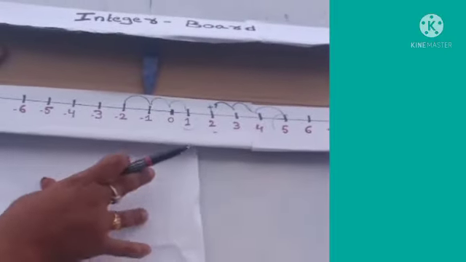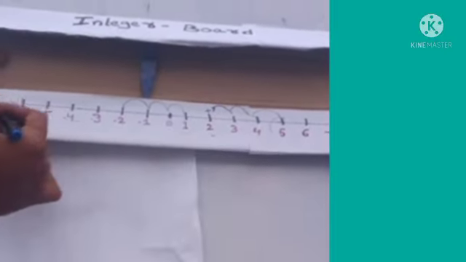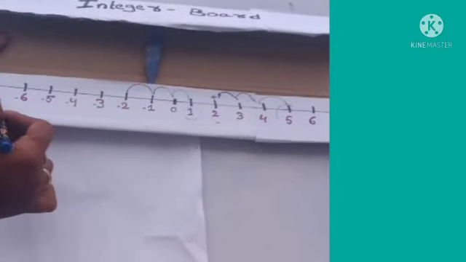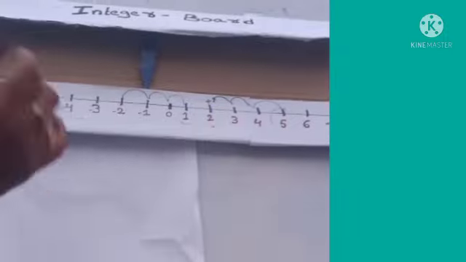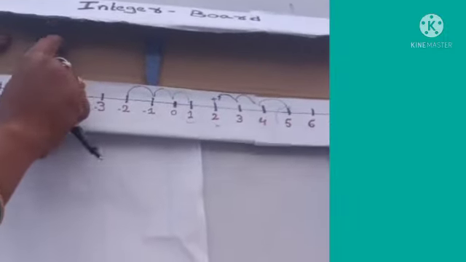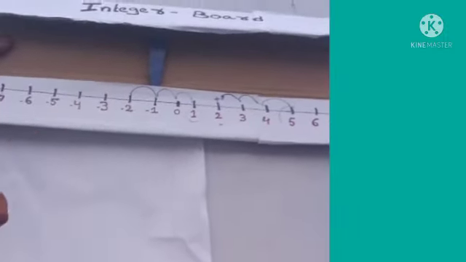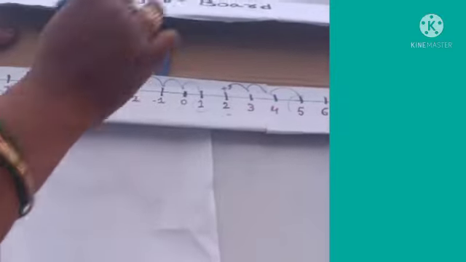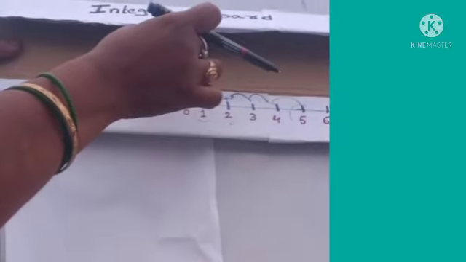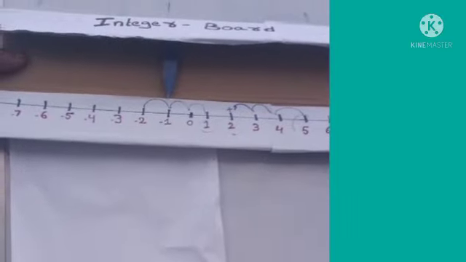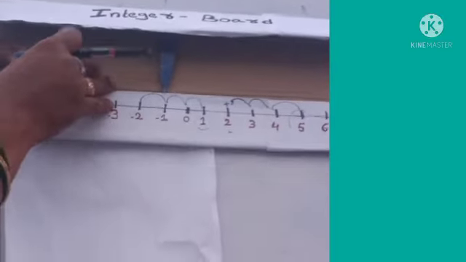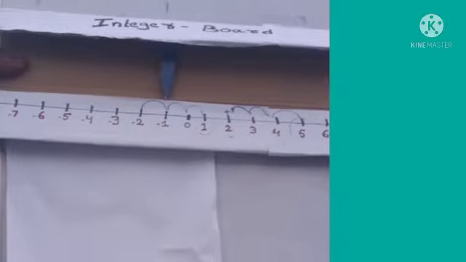That means positive numbers. And also we take the left side of 0 as negative numbers. I used connections with thread and pins, and in the middle is kept an arrow symbol. It shows indications. Now let us see how to use this board.